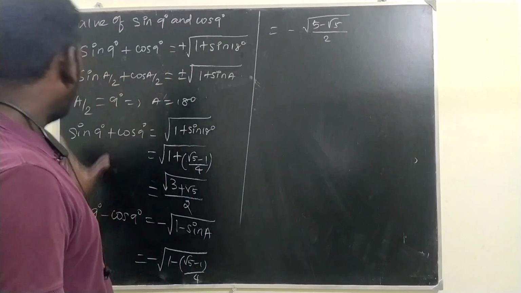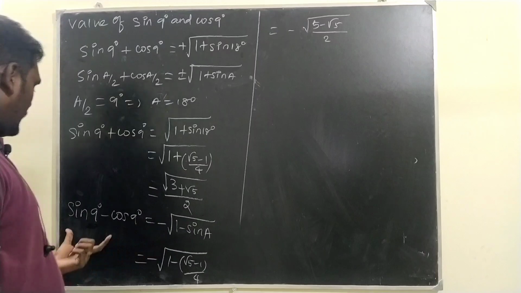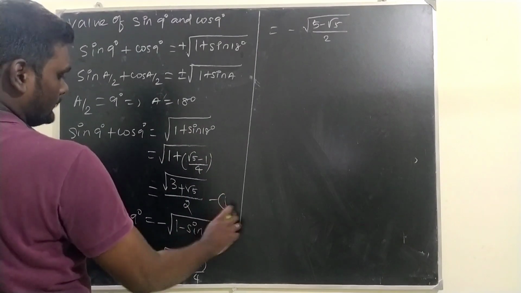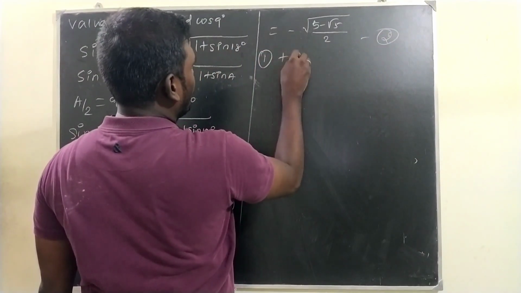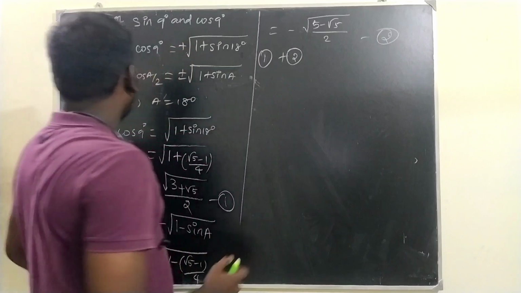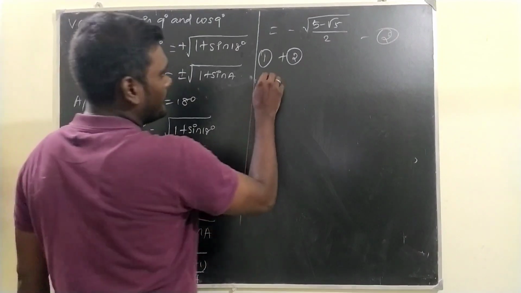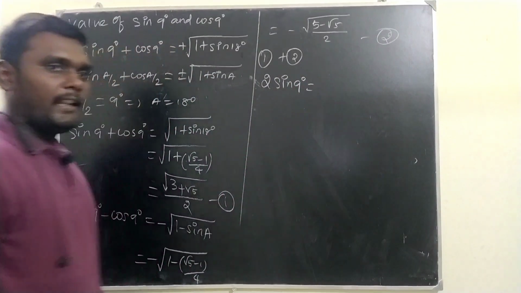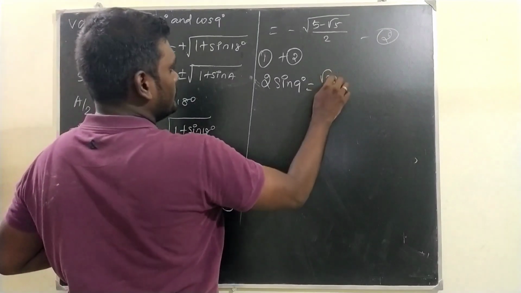Okay. So that is the sin 9 degrees plus cos 9 degrees value we found out like this. And this one we found out like this. I am marking this as 1 and this as 2. Now what happens with 1 plus 2? When you add these two, what you will get is 2 sin 9 degrees. Is it or not? 2 sin 9 degrees. So this plus, this is what?